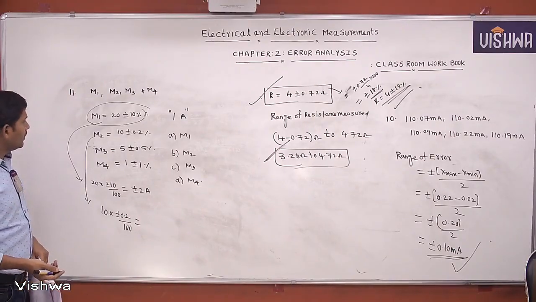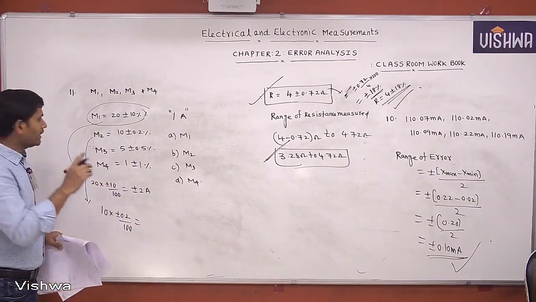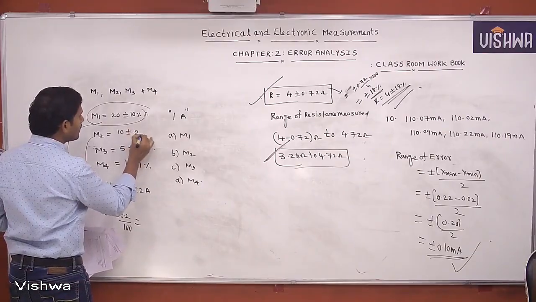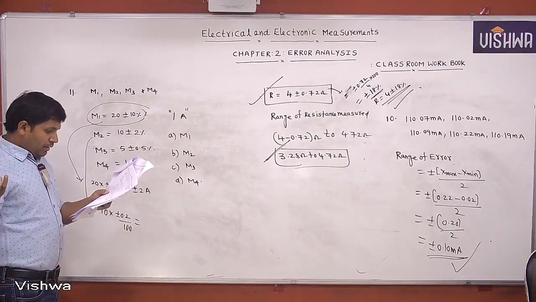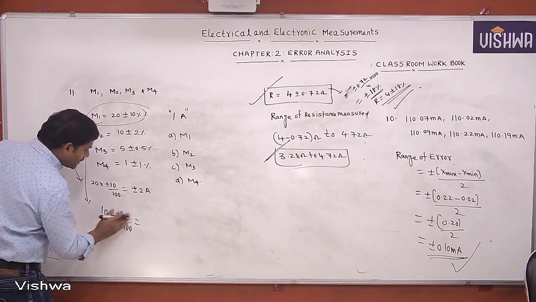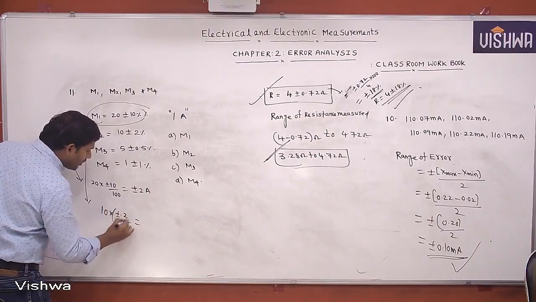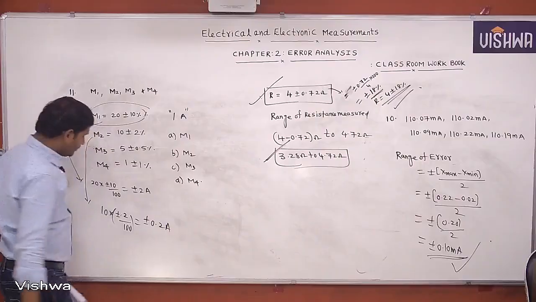Is it 0.2% or 2%? I think it is 2%. So 2% of 10 means plus or minus 0.2 amperes error.